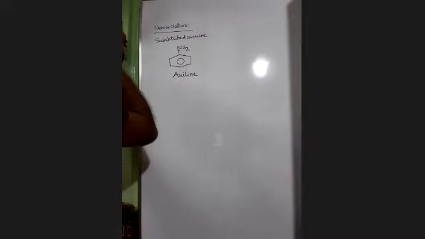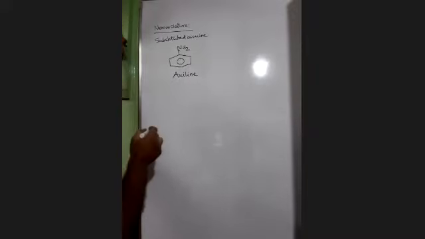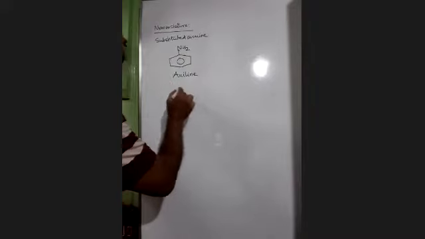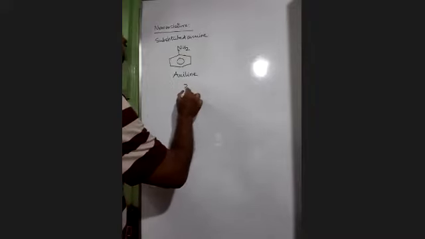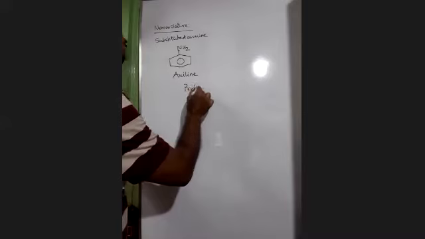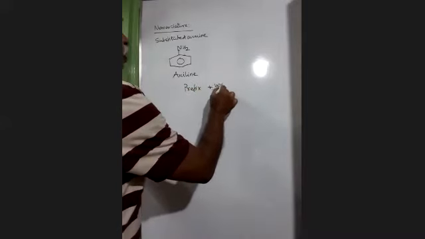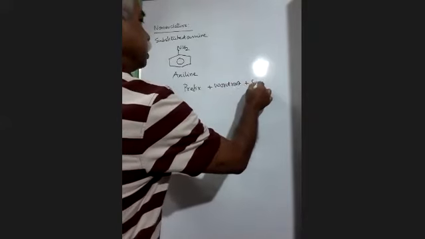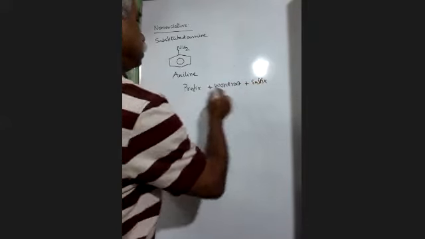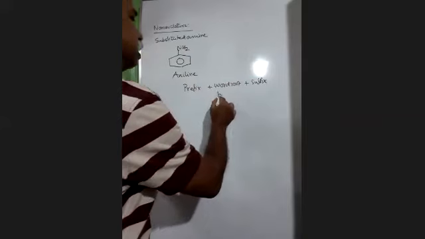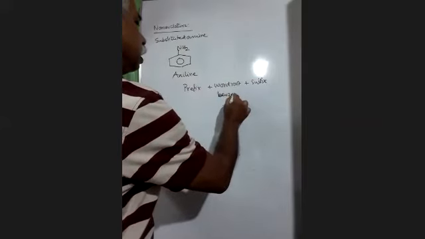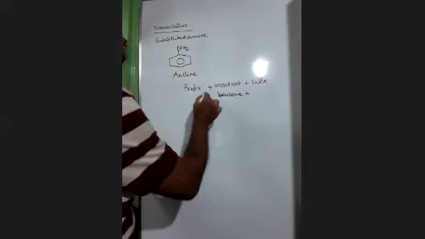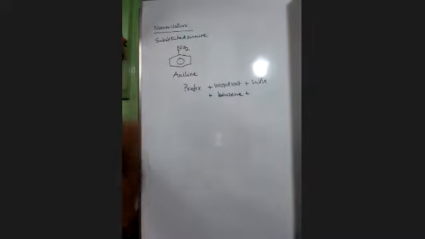Now, what will be its IUPAC name? See, you know aromatic. In aromatic names, you only have prefix, word root, and suffix. So what is the word root? Benzene. It does not have any substituent.